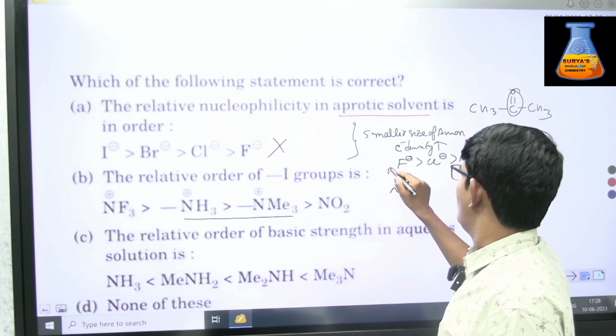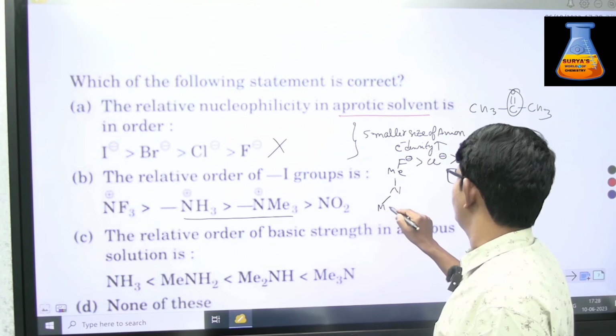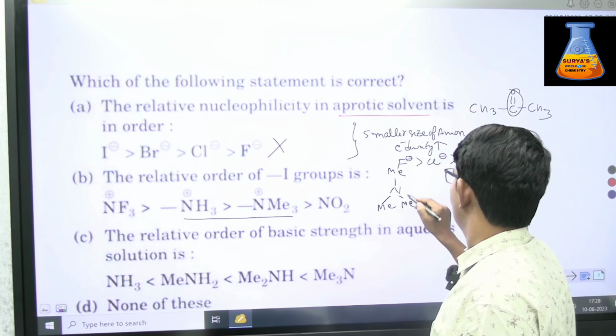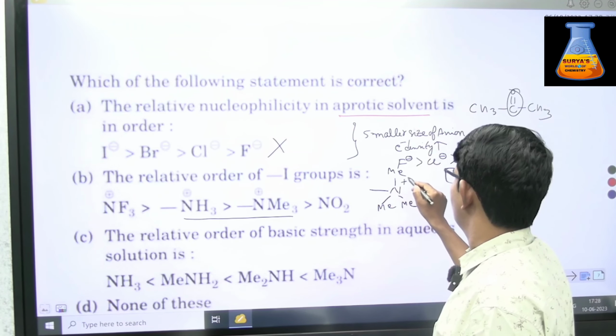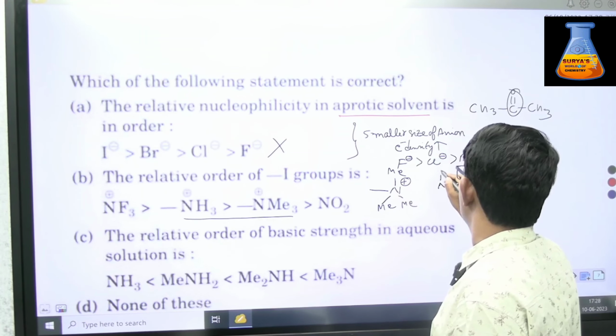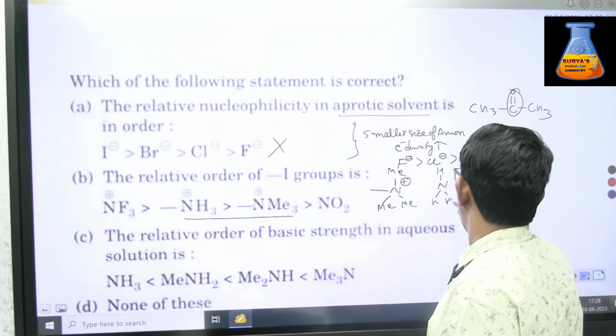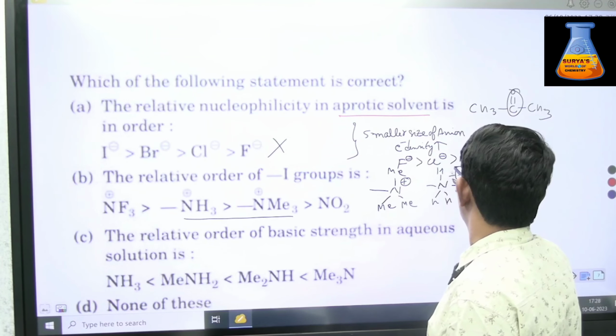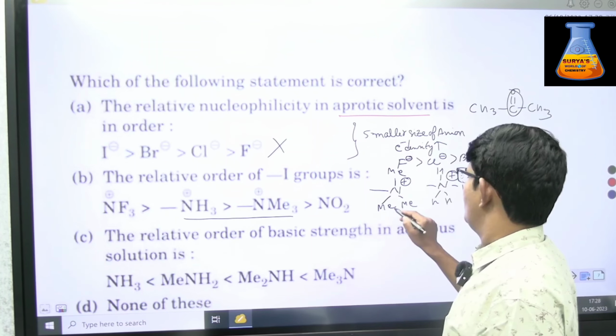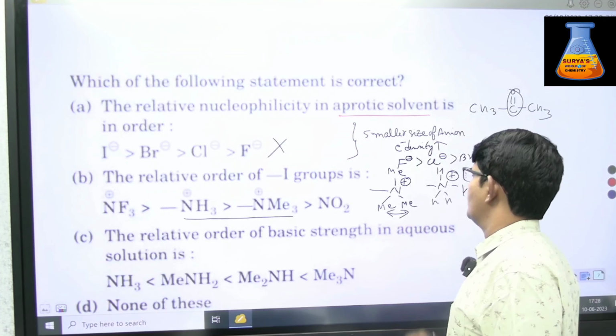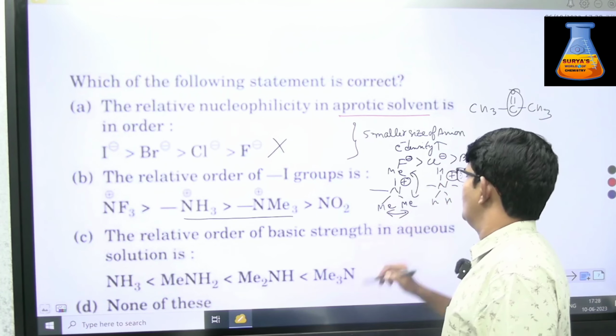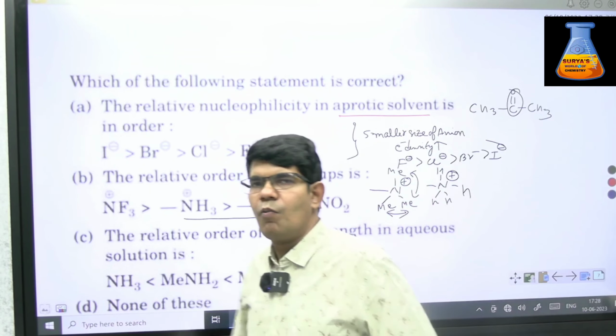Usually when you have NMe3 plus or NR3 plus and NH3 plus, you will have a strong repulsive action between the alkyl groups. Due to the strong repulsive action, what happens?